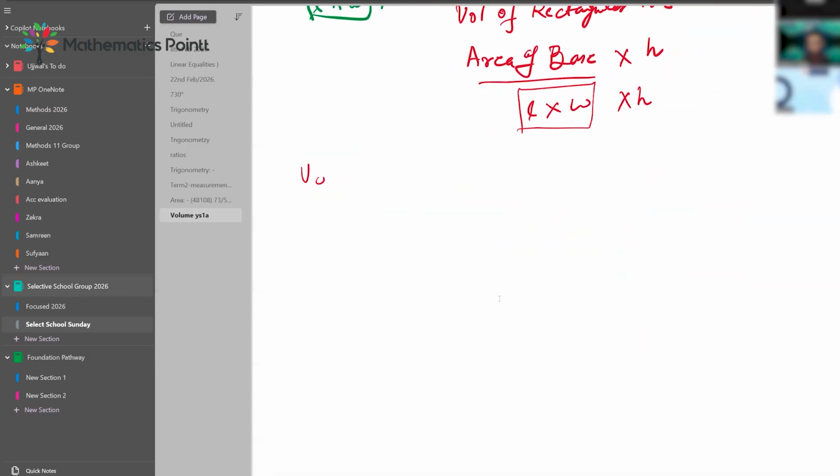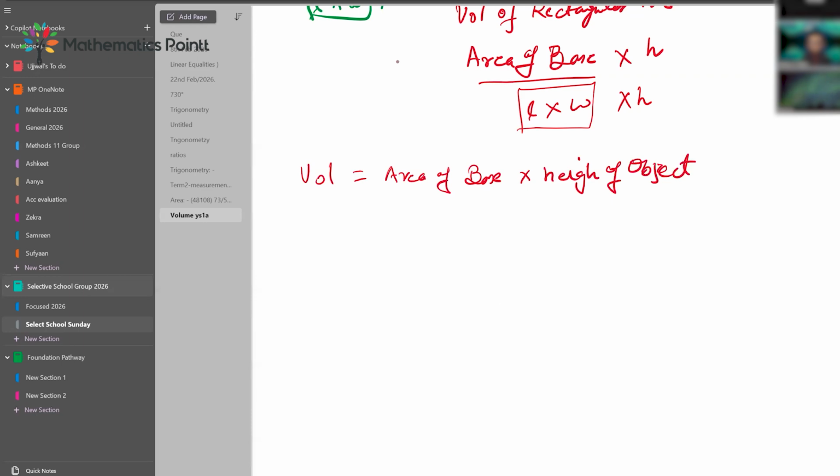So the formula for the volume of any 3D figure is area of the base multiplied by the height of the object. That is the general formula for the volume of any 3D shape.